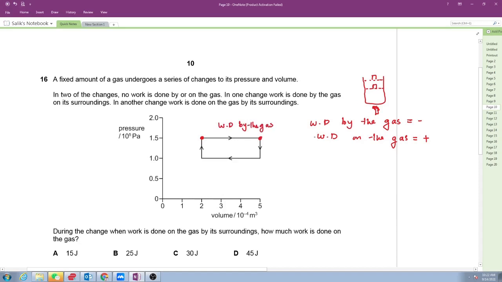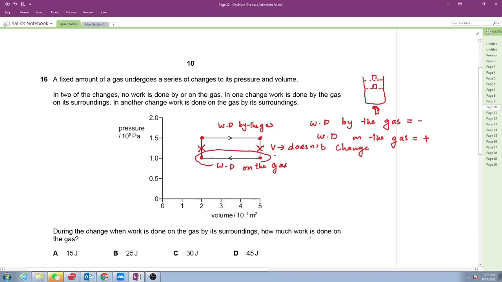And from here to here, this is work done on the gas. During that time the volume decreases, as if you are keeping it on ice and heat is going out. There is no work done here and here because the volume doesn't change.